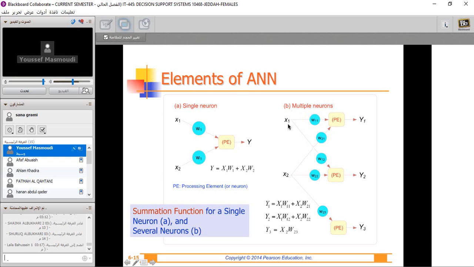For multiple neurons, you have two inputs, and these two inputs will go to the three neurons.